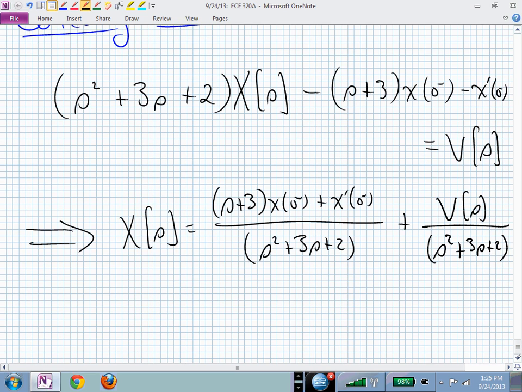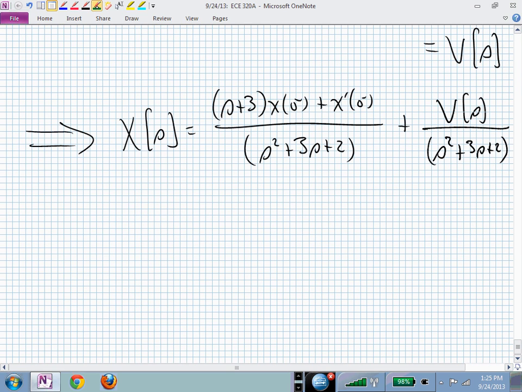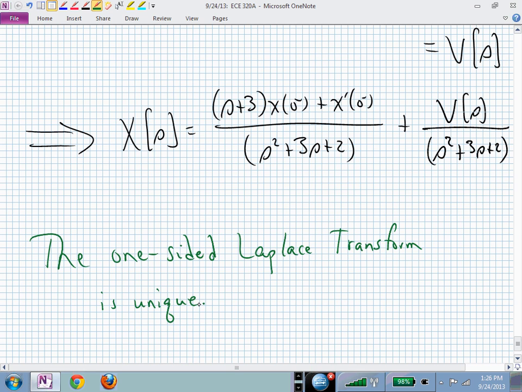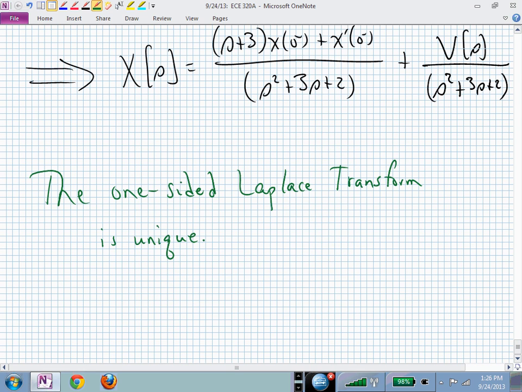And one of the nice reasons why we play with one-sided Laplace transforms is their inverses give us unique values. So we don't have to worry about this region of convergence stuff. The one-sided Laplace transform is unique. Meaning if somebody gives us a capital X of S, we can inverse Laplace transform that to find little x of t.